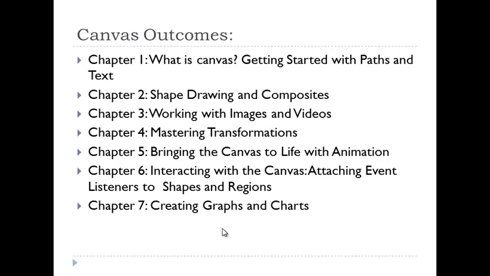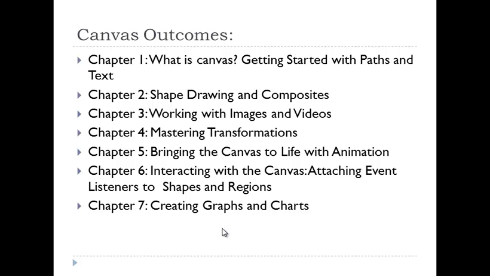So here are the Canvas outcomes that we're going to see. Chapter 1, what is Canvas? Drawing paths and text. Chapter 2, we're going to take a look at shape, drawing and composites. Chapter 3, we're going to look at images and videos. Chapter 4, we're going to see mastering transformation.